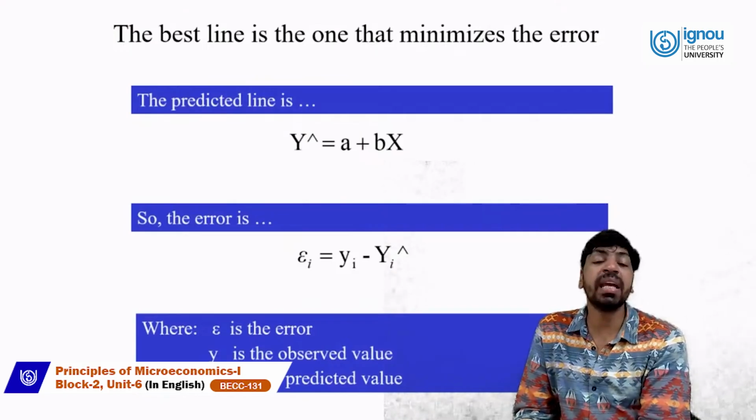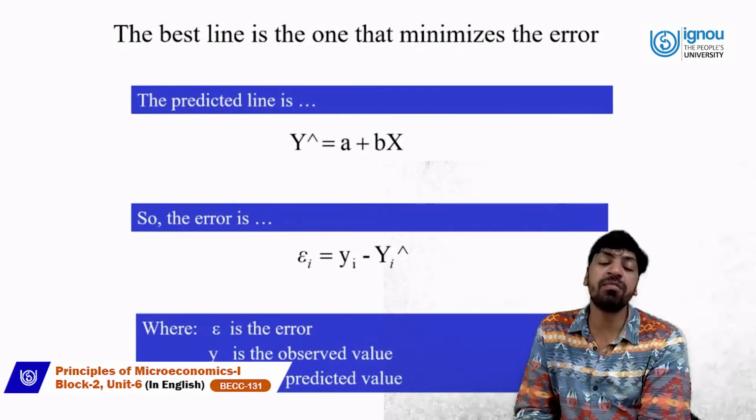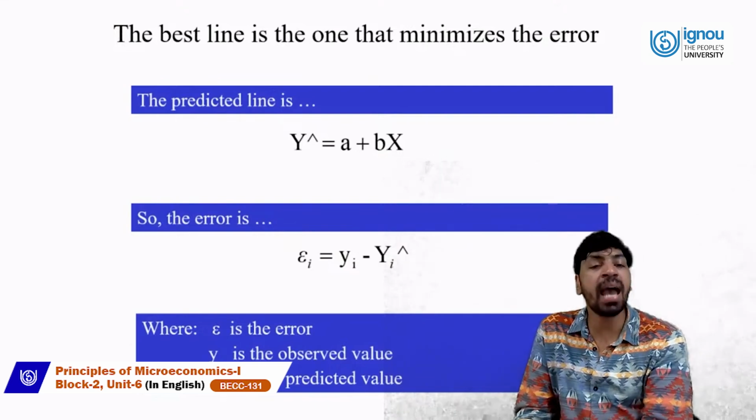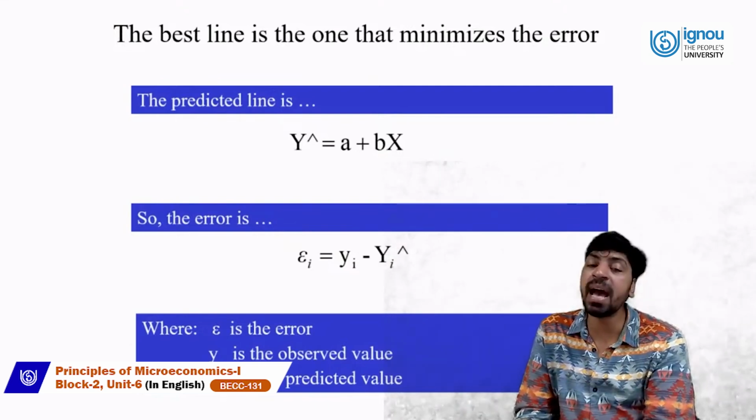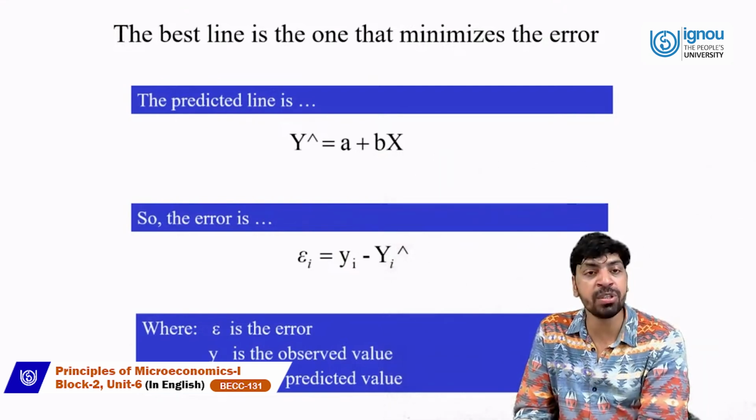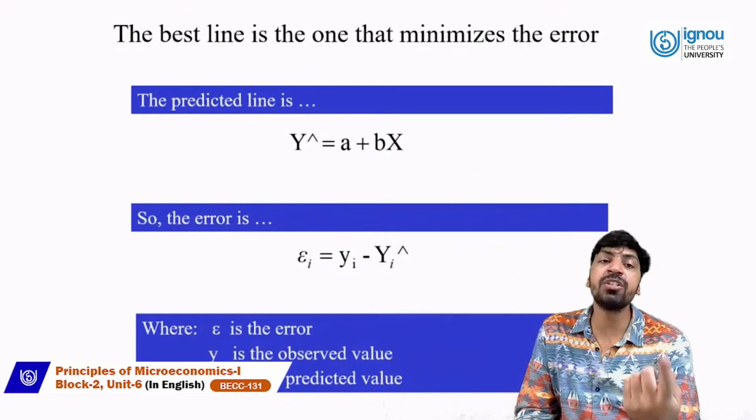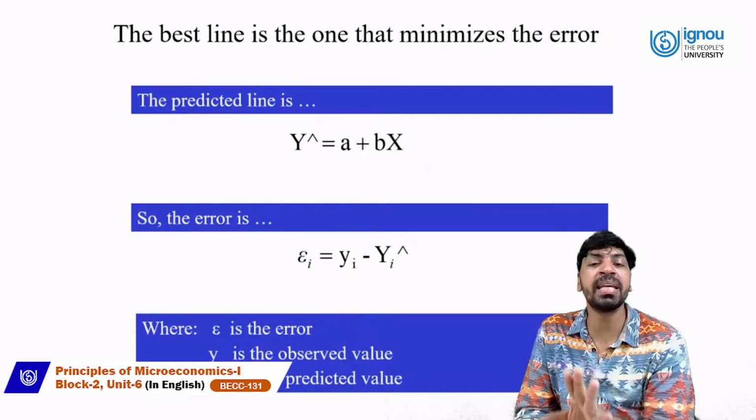The best way of this method, of course, is to minimize the error. And how to minimize the error? This is a mathematical equation. If we talk about the regression line, the main equation is y equals a plus bx, or x equals a plus by.